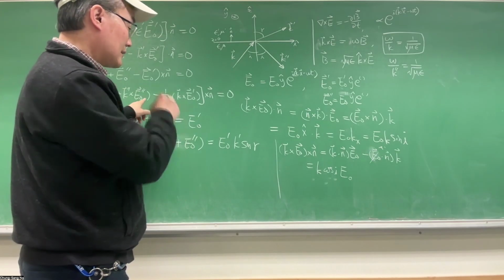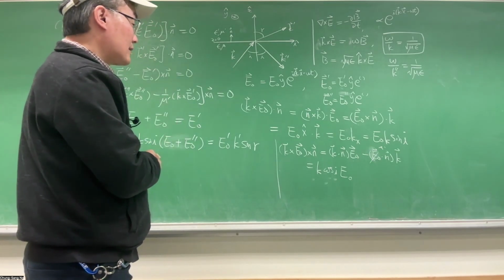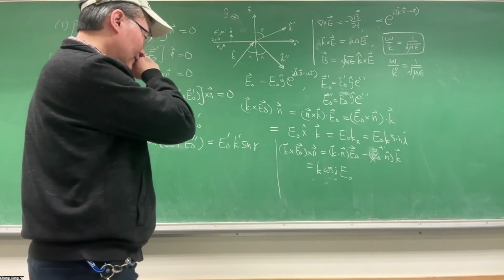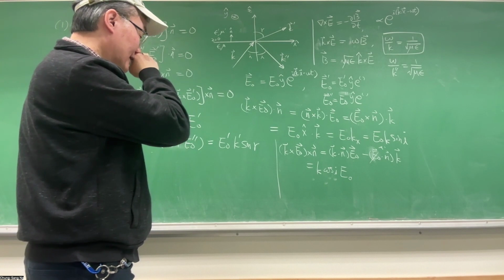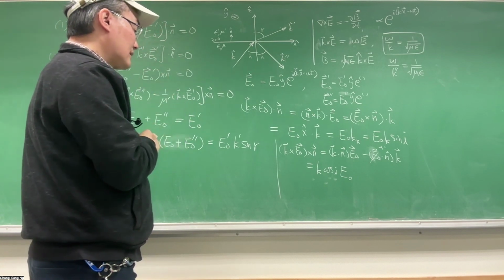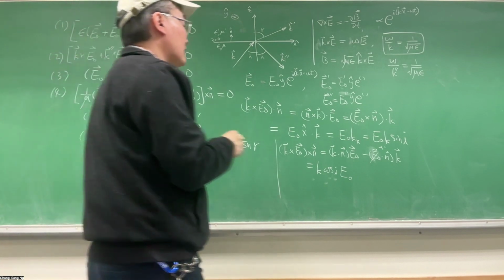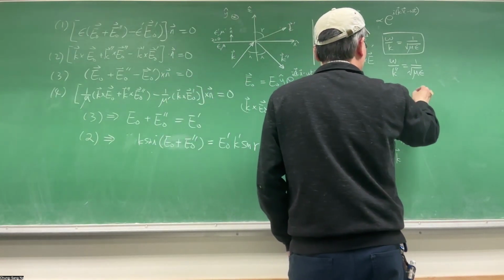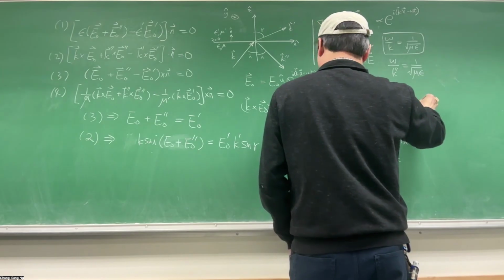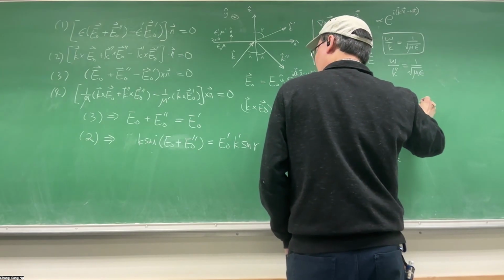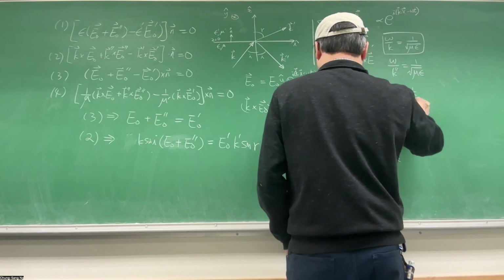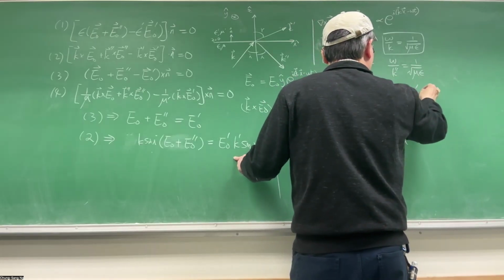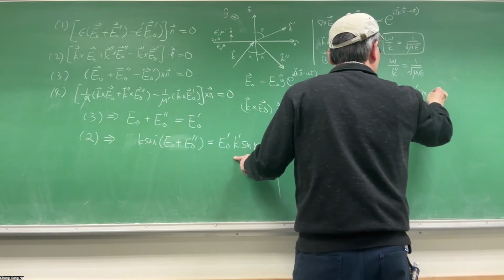The boundary condition is k dot x is the same for all three, so k sine I equals k prime sine I. Maybe this one is independent. Actually, I take it back.